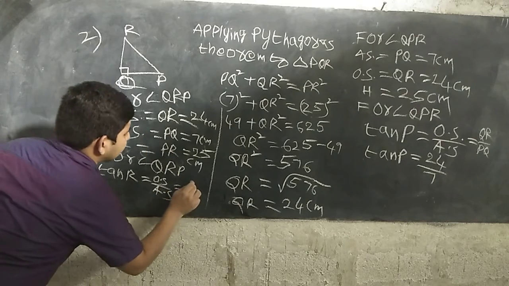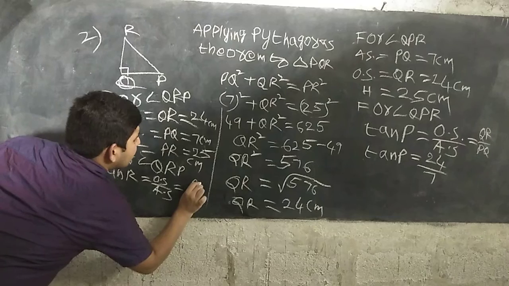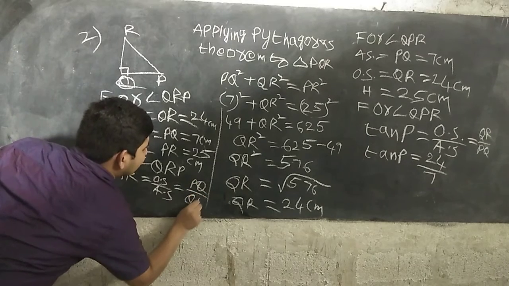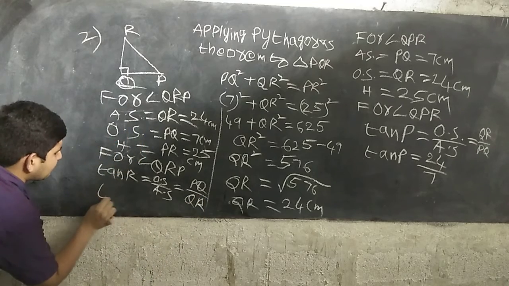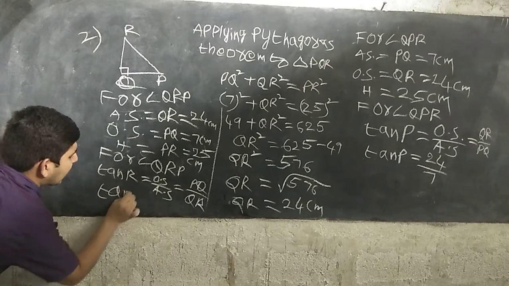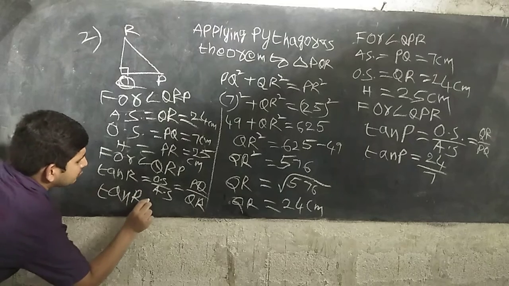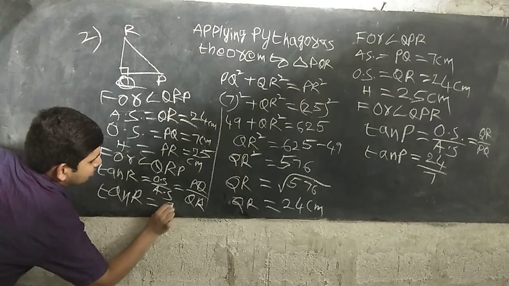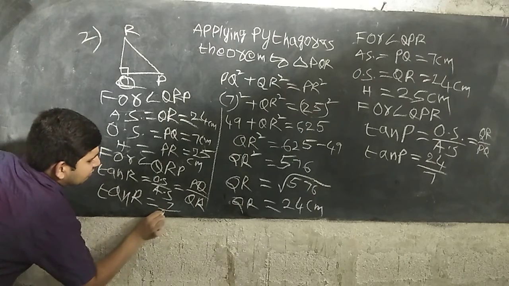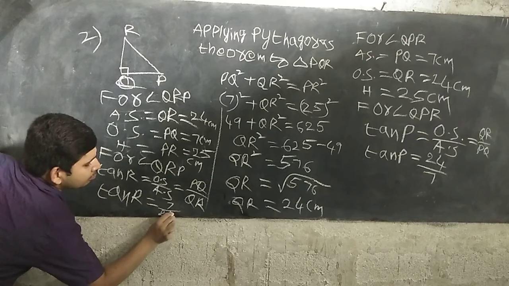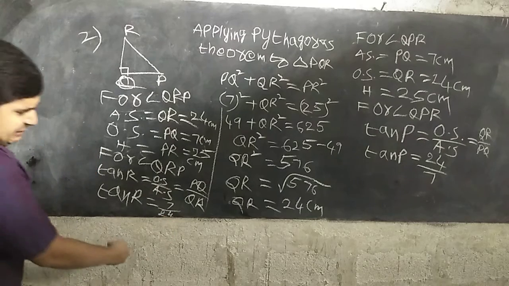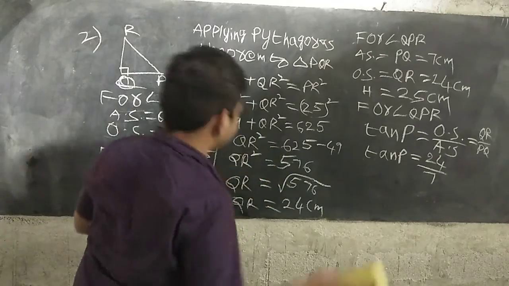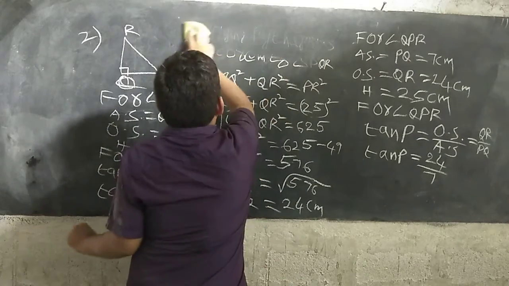PQ. PQ by QR. So tan R equal to PQ, 7 by 24. 7 by 24 is the tan R value.